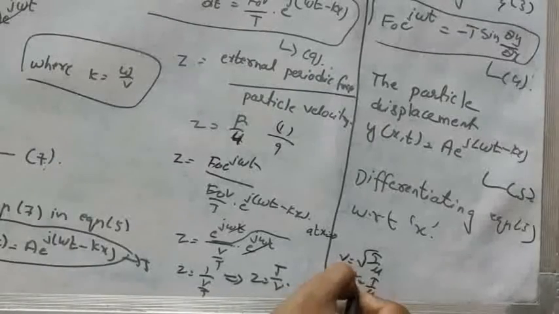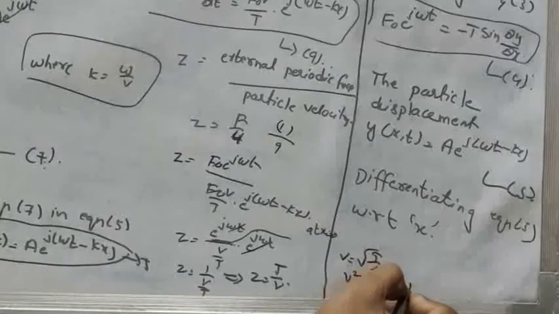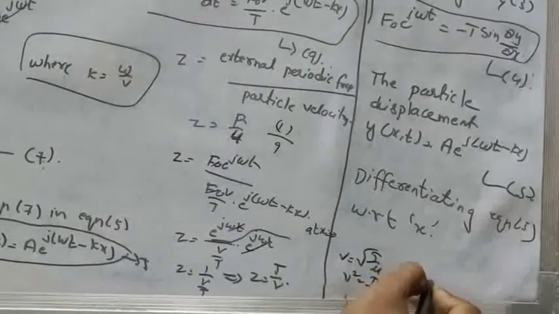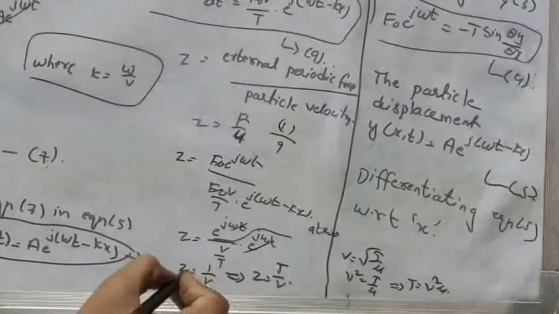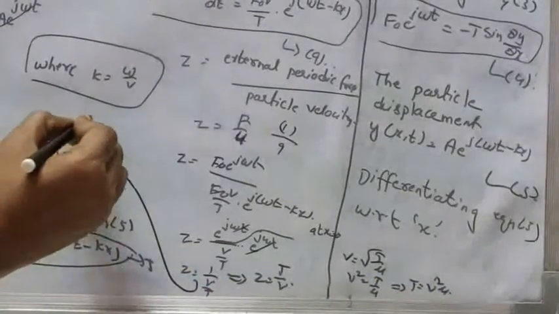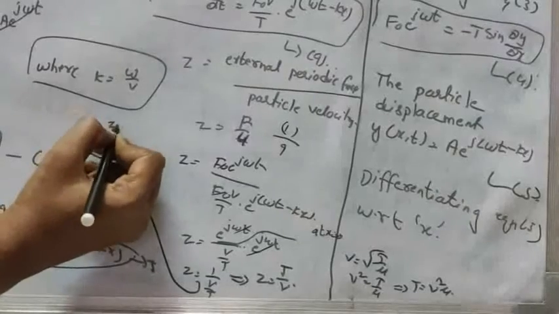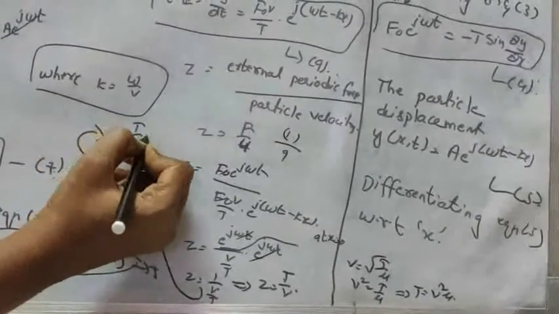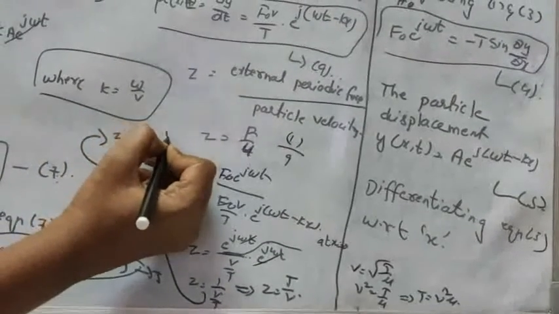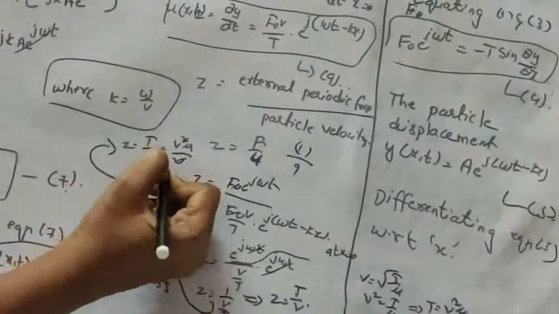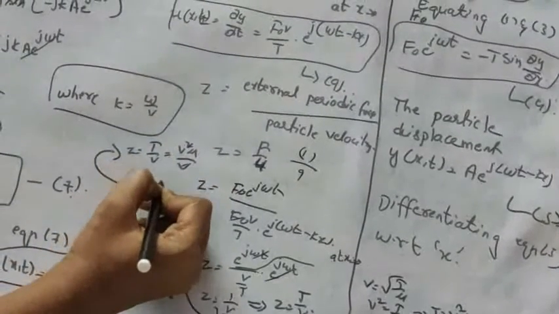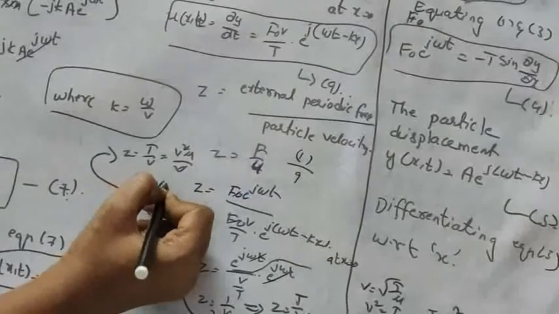From this can you find the value of t? Yes, t is equal to v square mu. So I am going to substitute. We have Z is equal to t by v. What is the t value? V square mu by v. Here v square and v gets cancelled, and Z is equal to v mu.